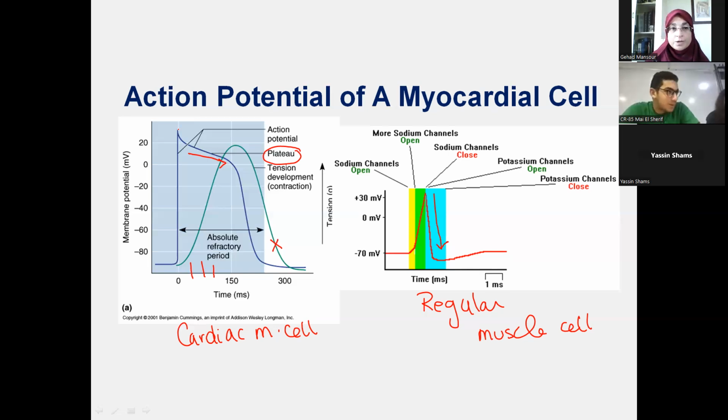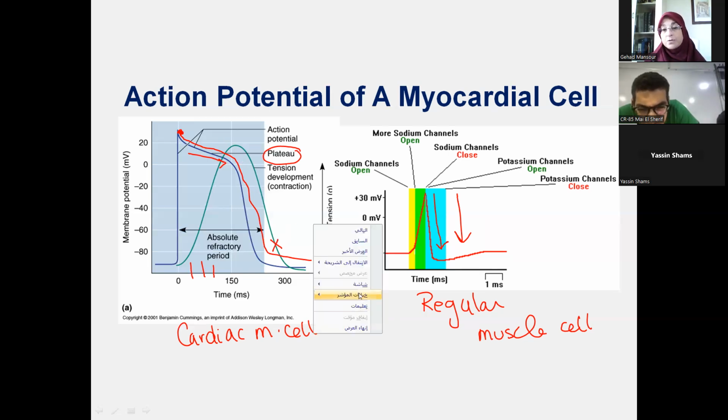Look here, repolarization starts here and we descend like this, but we don't descend abruptly like it occurs in regular muscle cells. We just have a plateau first to lengthen the duration of repolarization. Why is this important? Because of what you see on the graph.